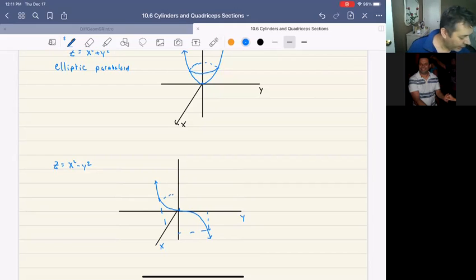Okay, and then you're just going to combine them together. Okay, so I have something wrong here. I see what happened. Okay, never mind. And then we're just going to trace them together.